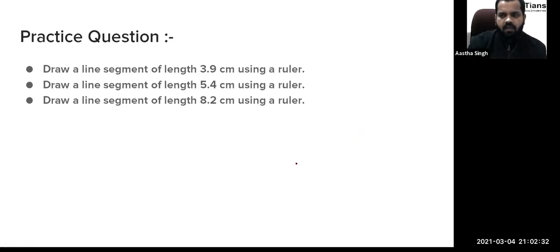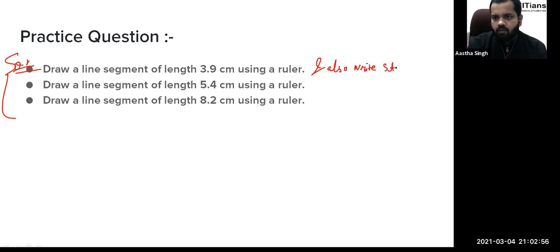So basically, here are the questions you have to do. I'm just doing question number 1. Both the questions are the same, and you have to do it by yourself. How will you draw a line segment of length 3.9 centimeter, and also write the steps for your construction.